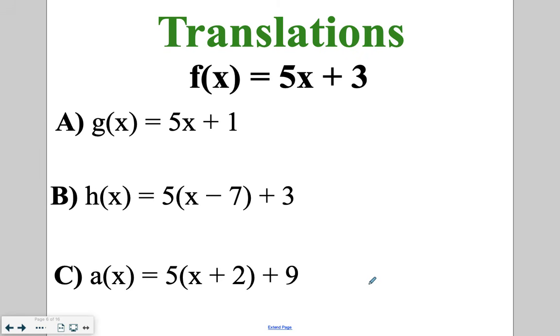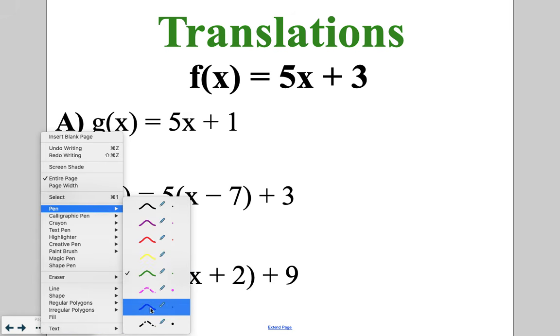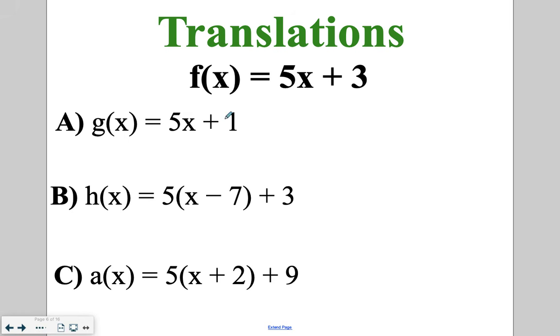So, looking at equations, if your original function was f of x is equal to 5x plus 3, and your new function, g of x, is 5x plus 1, notice the slope stays the same. So that's indicating to me that we have a translation going on, and we need to figure out how we got from 3 to 1.